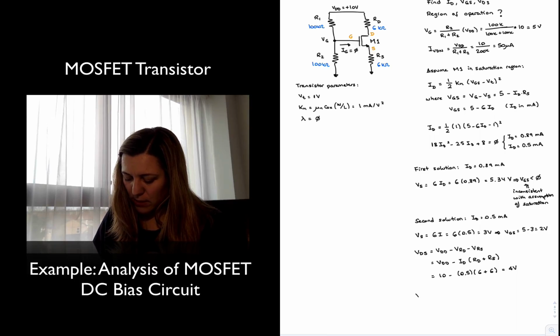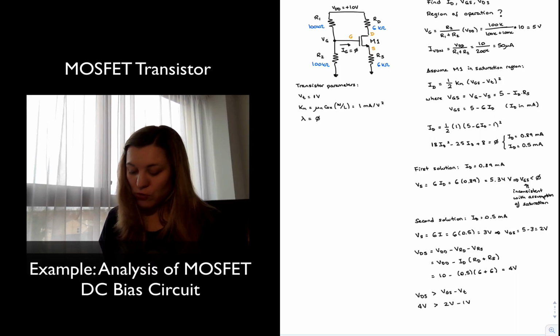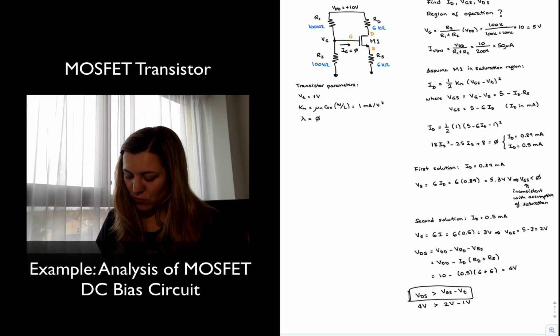And so I can see that my VDS is greater than VGS minus VT, because 4 volts is greater than 2 volts minus 1. And so my solution is consistent with the assumption that my transistor was in saturation, because I'm meeting the condition for saturation. So because of this, I know my transistor is in the saturation region.